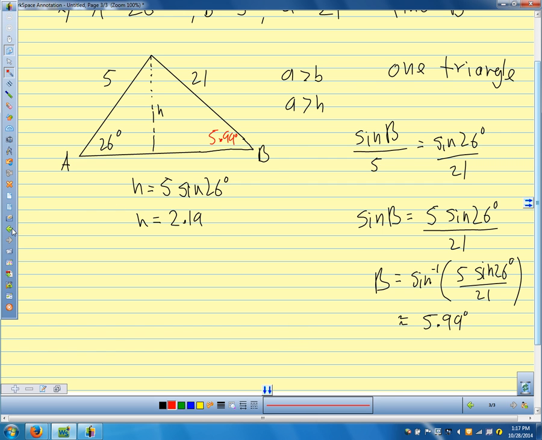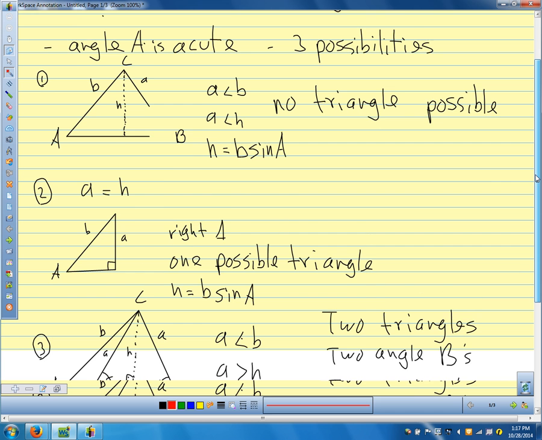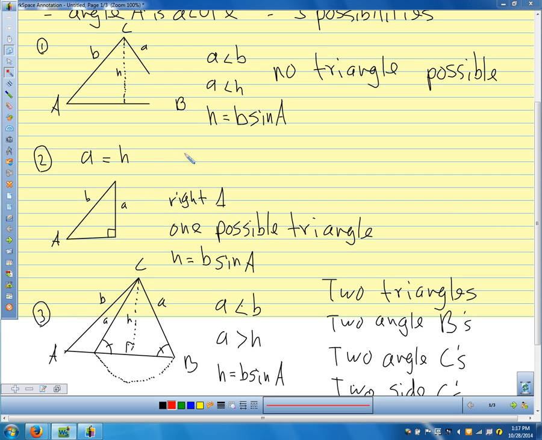So I guess we could go back and add here to this one: A greater than B and A greater than H gives us one triangle.